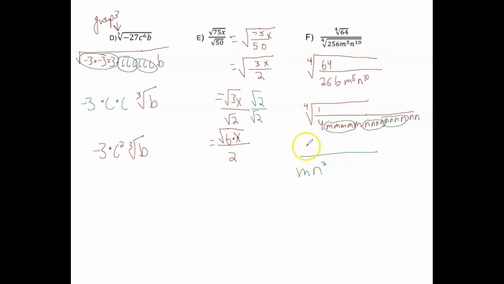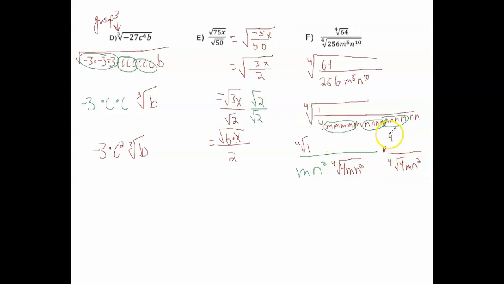But I'm going to now write this as 1 over the 4th root of 4n squared, where the 4th root of 1 is still 1. And if I want to get rid of the radical in the denominator, I need to multiply by what I currently have in the denominator that's in the radical.